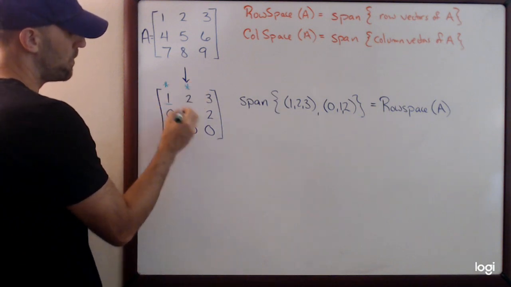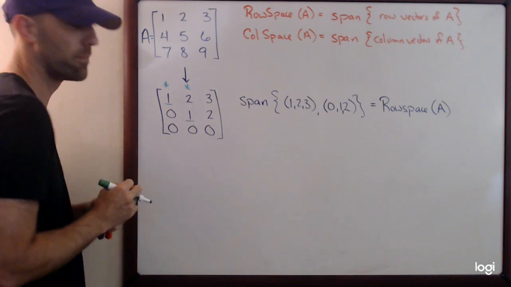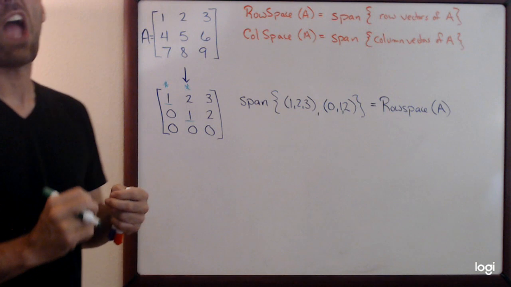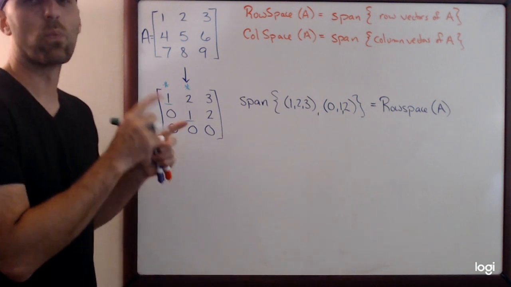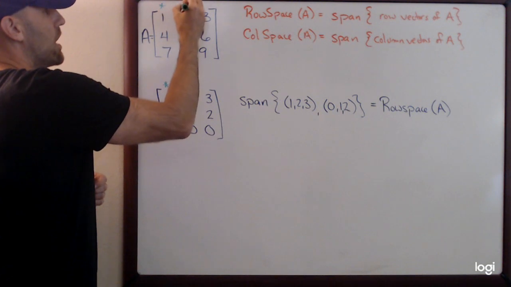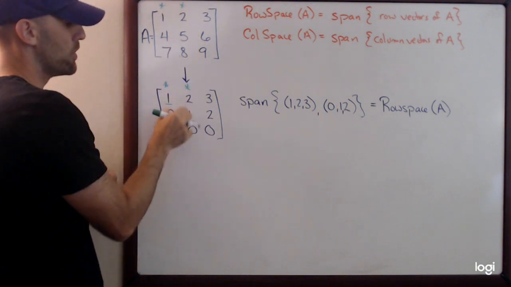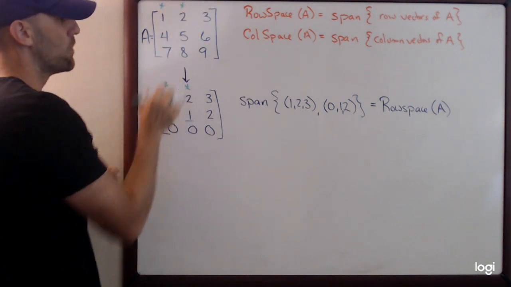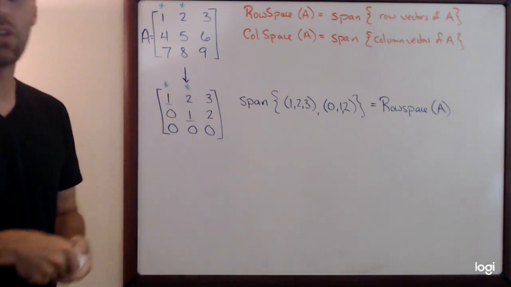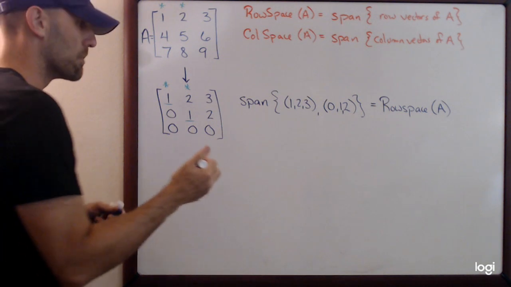There's one of them, there's the other one. And if I go back to my original matrix and take the same columns, column 1 and column 2, these column vectors form a basis for my column space.